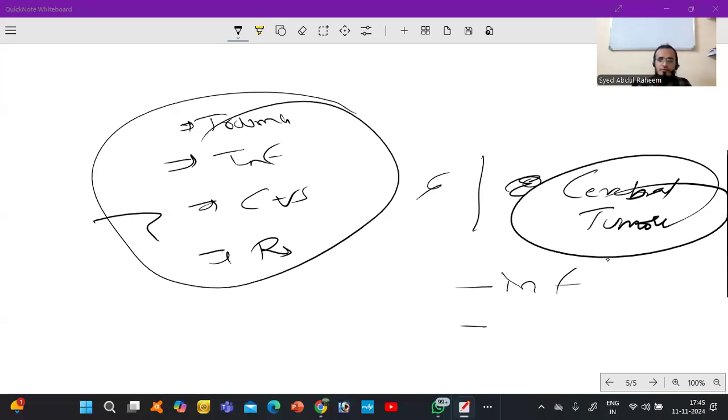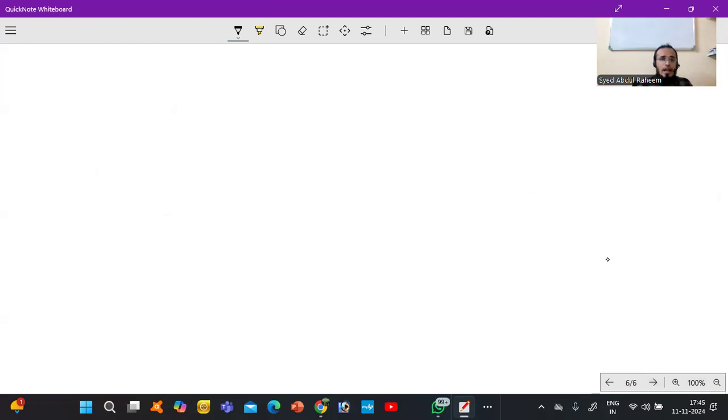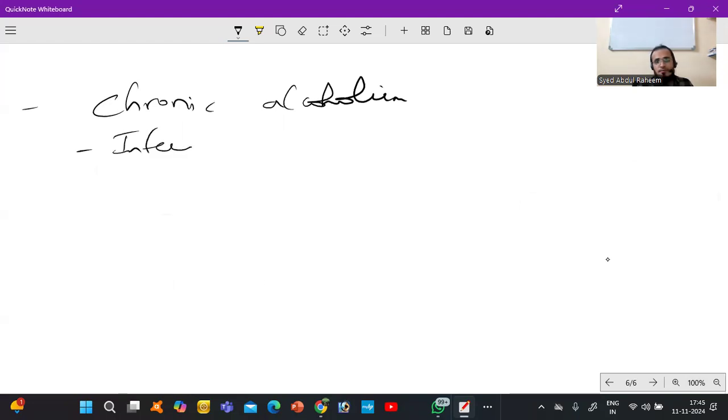So one is cerebral tumors, which are a reason behind epilepsy. Other than that, what happened? Chronic alcoholism is a reason behind epilepsy, and we have encephalopathy, infection of the layers of the brain, and we have hypocalcemia.